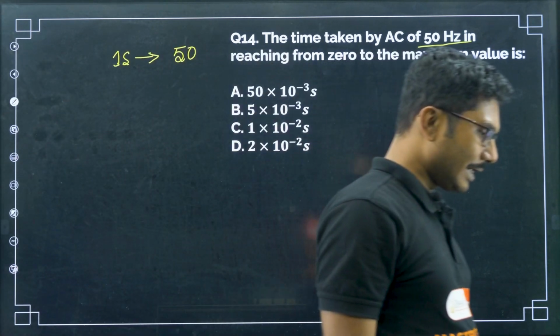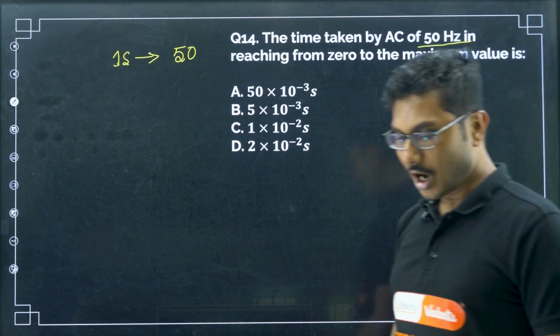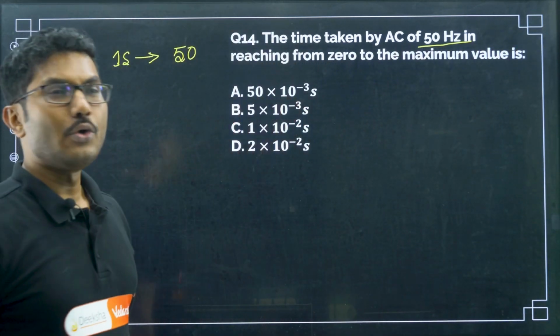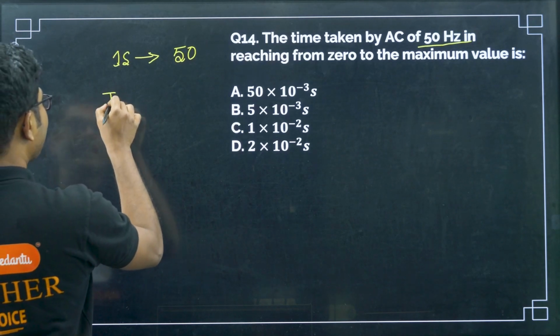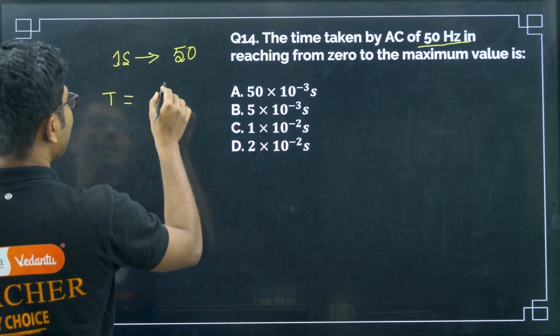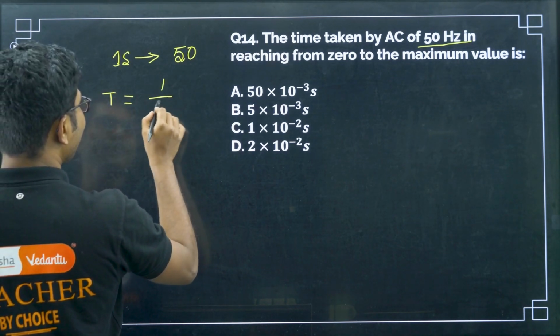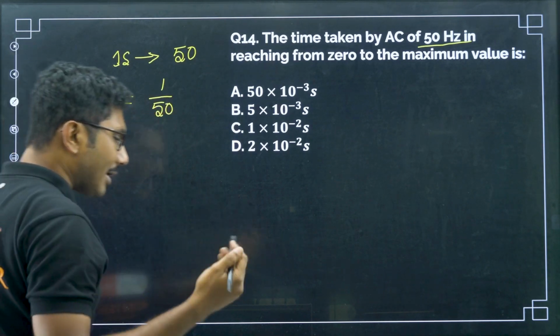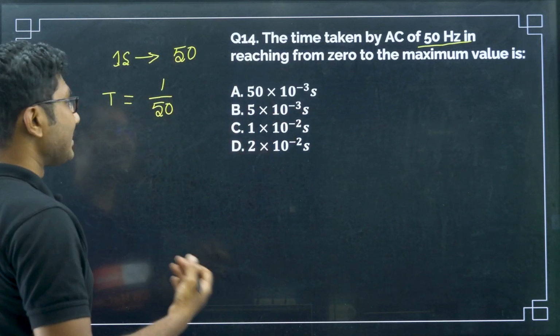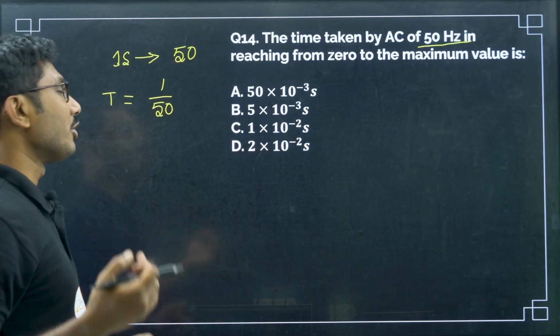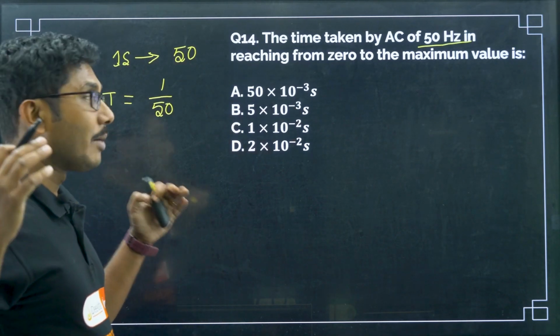How much time does it take to oscillate one time? That is represented by the time period. Time period is basically 1 by 50. 1 by frequency is known as time period. Time period represents how much time it takes to complete one cycle.